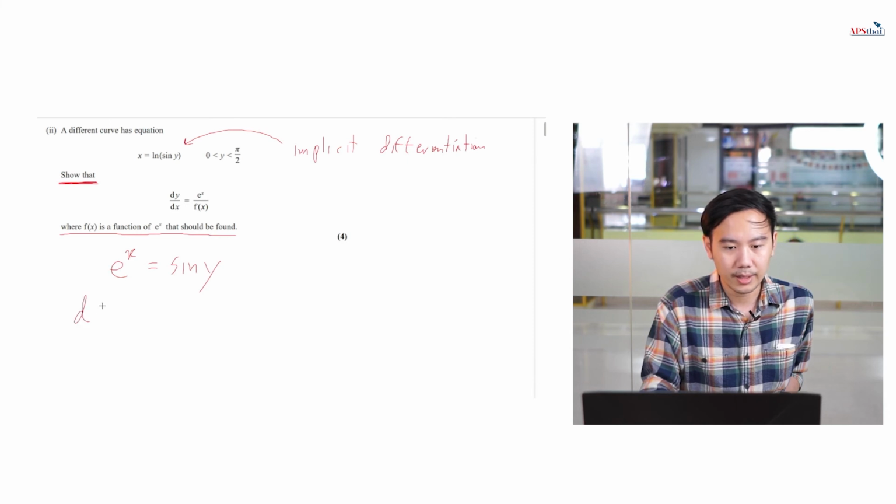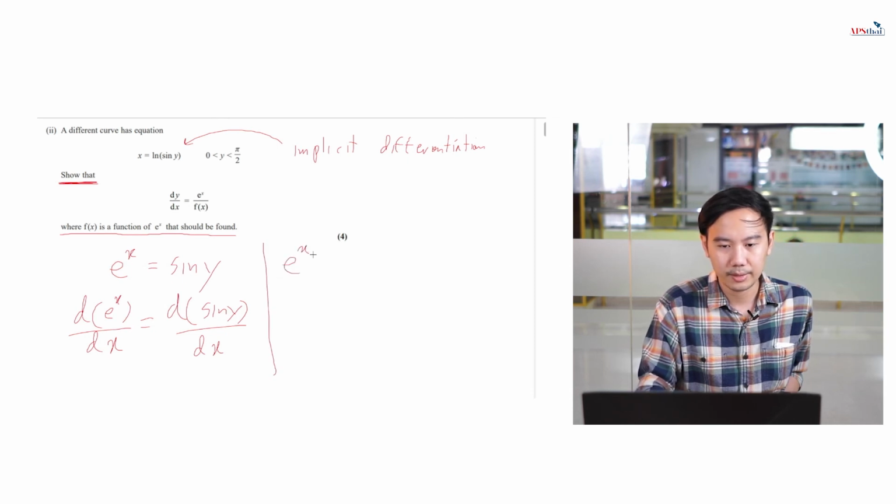Okay, I can say that I differentiate e to the x with respect to x, which will equal the differentiation of sine y with respect to x, and when I do that, you will see that the left hand side will remain e to the x, but on the right hand side, you have to implicitly differentiate.